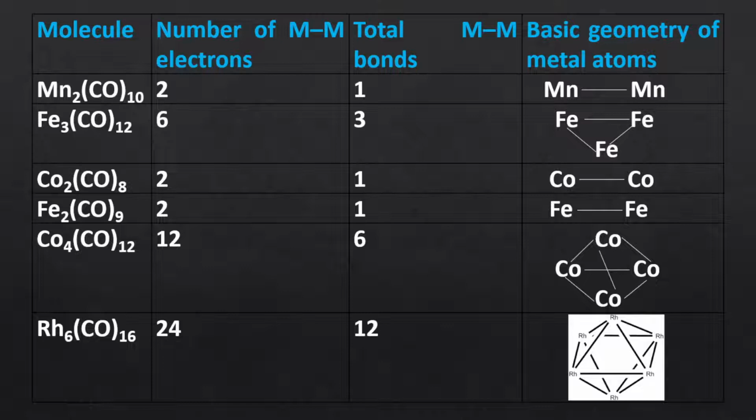As you can see in the table, binuclear carbonyl complexes like dimanganese decacarbonyl, dicobalt octacarbonyl and diiron nonacarbonyl have 1 metal-metal bond. Tri-iron dodecacarbonyl has 3 metal-metal bonds. Tetracobalt dodecacarbonyl has 6 metal-metal bonds, while hexarhodium hexadecacarbonyl has 12 metal-metal bonds.